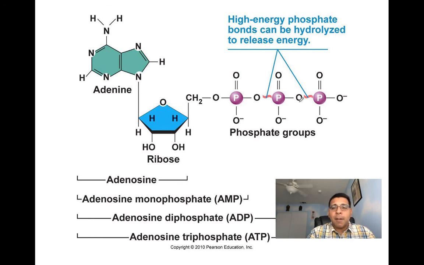Breaking the last phosphate bond of ATP leaves you with ADP, adenosine diphosphate, two phosphates. And energy is going to be released.